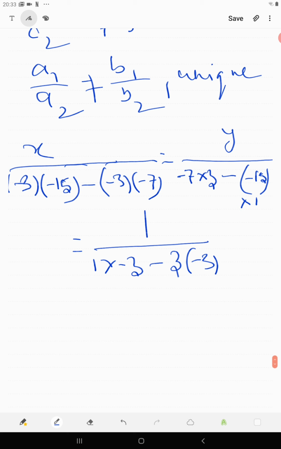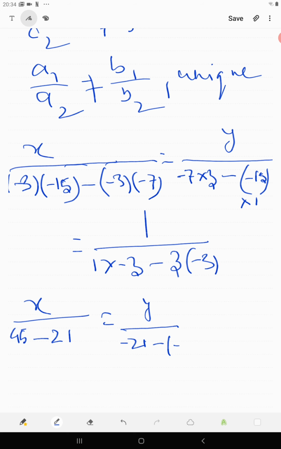so this one will be written as x by minus 3 into minus 15. So minus minus is plus, and 3 into 15 is 45. So 45 minus, now minus 3 into minus 7. So minus minus is plus, and 3 into 7 is 21. So 45 minus 21 equals y divided by minus 7 into 3, which is minus 21. And then minus of minus 15 into 1 is plus 15.